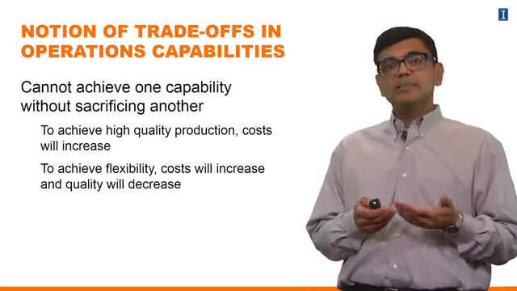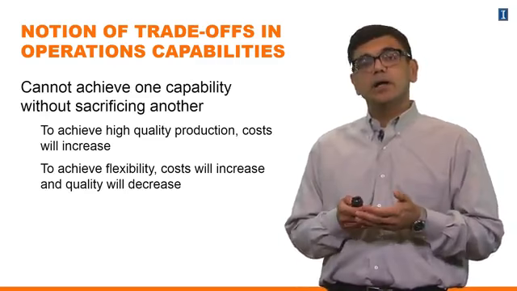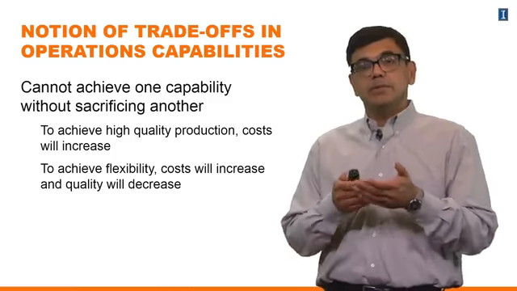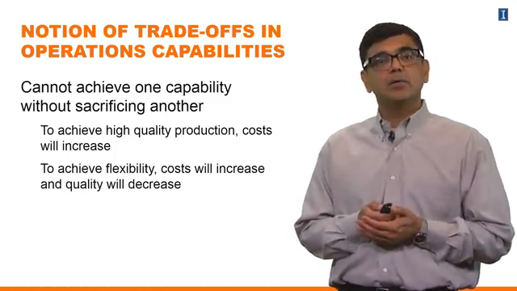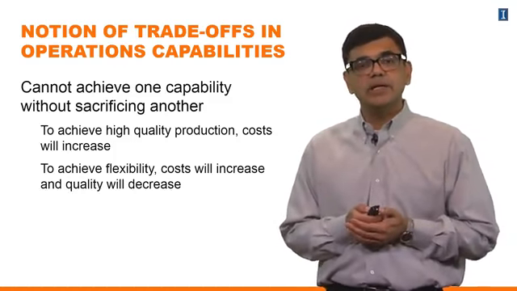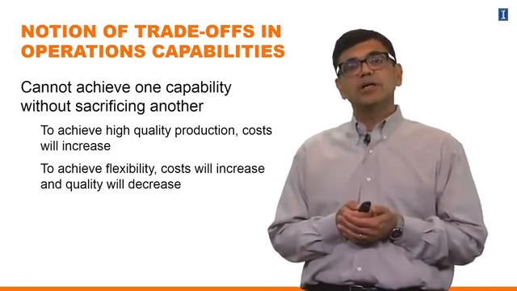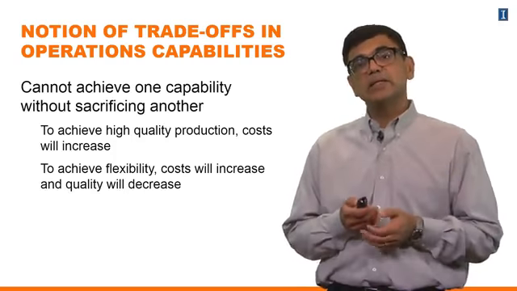Now, we can think about the competitive capabilities of cost and quality and talk about trade-offs. If you want high quality production, the costs are going to increase. We are going to have to sacrifice cost efficiency if high quality production is needed. Similarly, you can think about customization and flexibility.